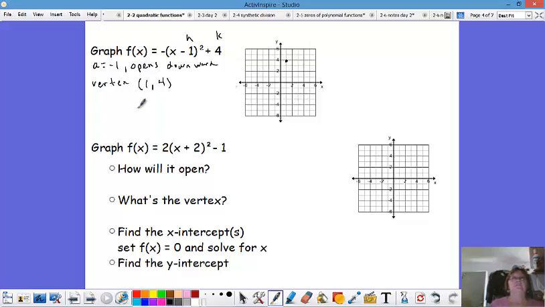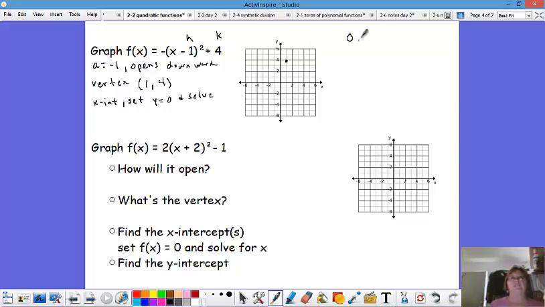Now, as far as determining other points to plot, there are several things that you can do. To find the x-intercepts, the places where it crosses the x-axis, you set f of x or y equal to 0 and solve. And I'm going to do that over here on the side.